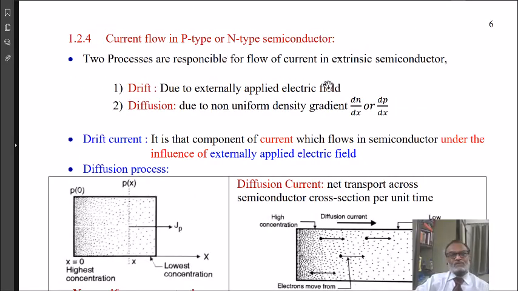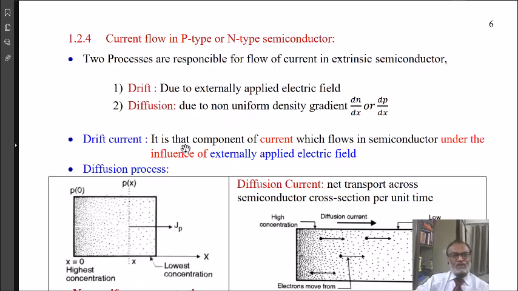The current flows in N type and P type of semiconductor by two mechanisms. One is called drift and the second is diffusion. Drift is due to externally applied potential and diffusion is because of the density gradient that exists in the material.